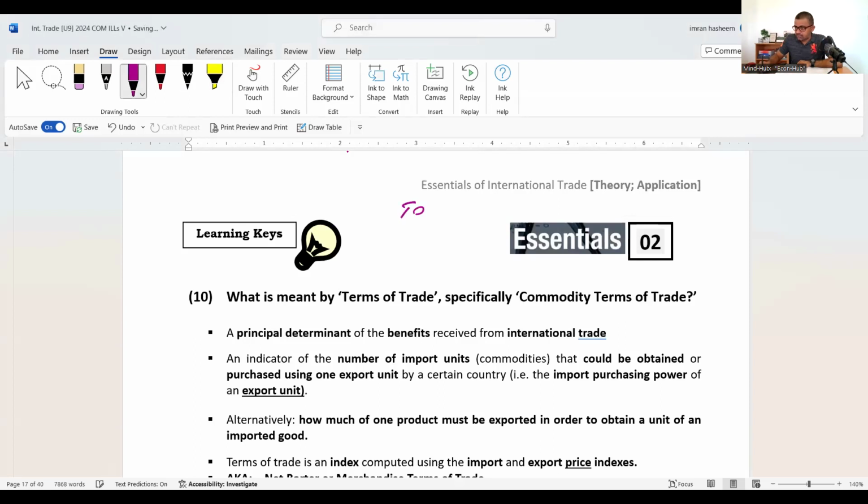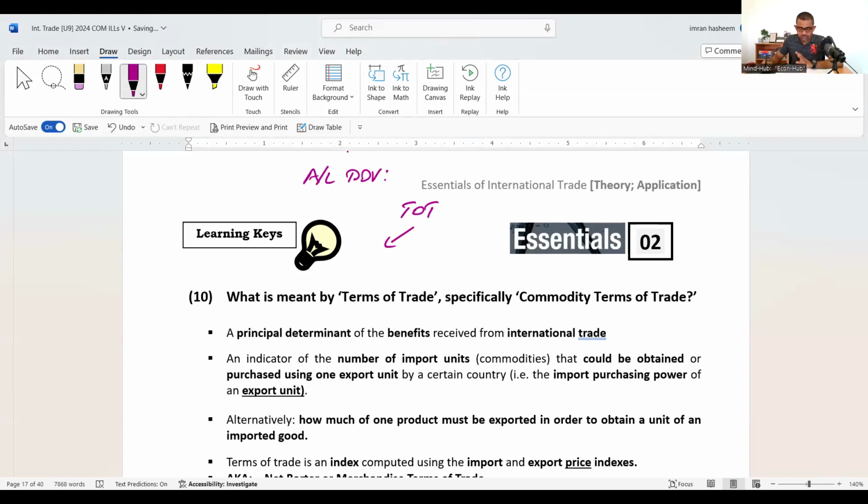We use the phrase terms of trade in a very common, broad way. Terms of trade in A levels, that's how we do it, right? From the advanced level point of view, we look at the term terms of trade very broadly, and it will include, right?